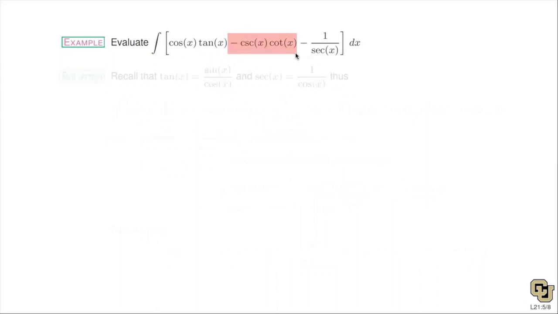If I review my derivatives, the derivative of cosecant is negative cosecant cotangent. So right away, I already know the antiderivative of this part. I still need to think about how to find the antiderivative of cosine times tangent, and of 1 over secant.